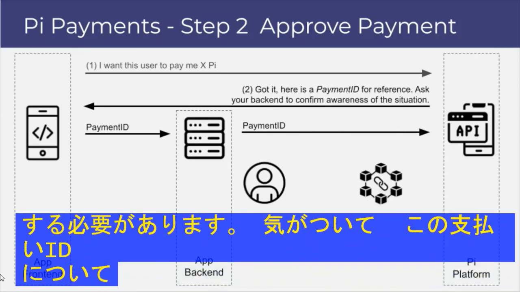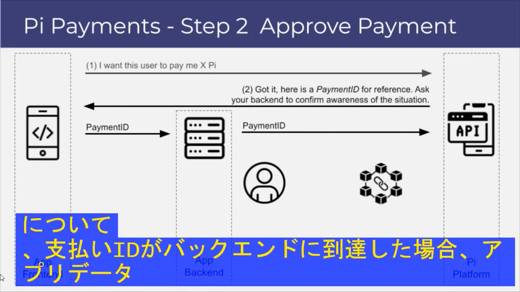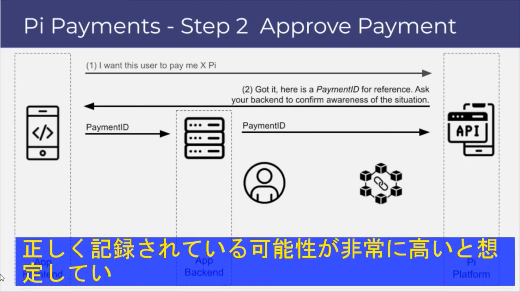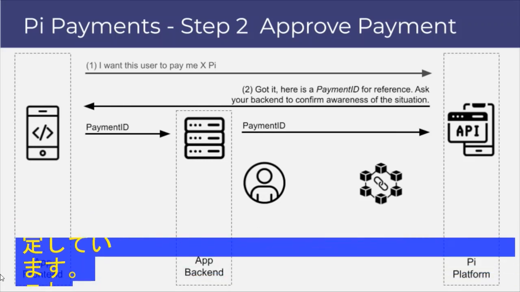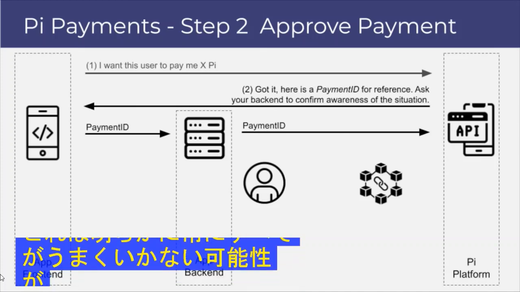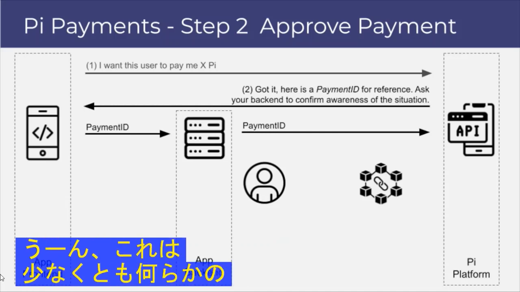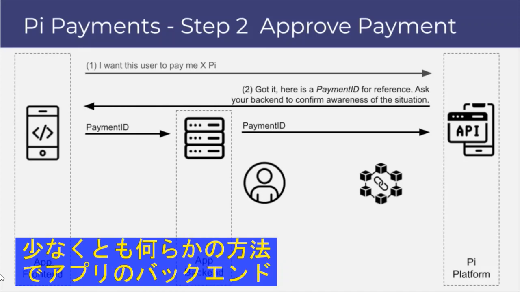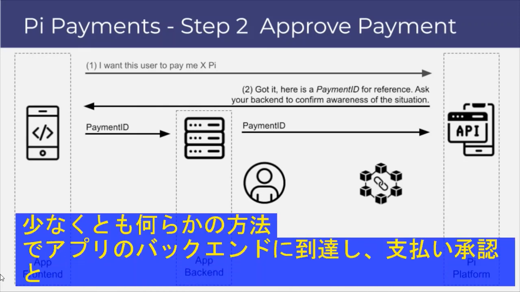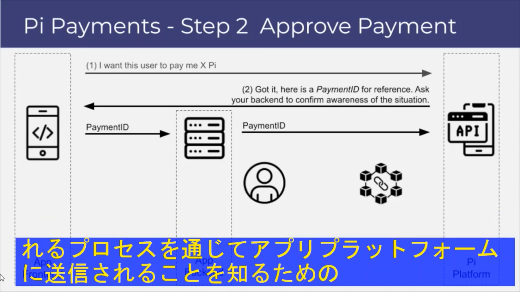We're assuming that if the payment ID reaches the app backend, there is a very high likelihood that it has been correctly recorded in the app's database. Obviously, everything could always go wrong, but this is a mandatory step to at least know that it somehow reached the app backend, and then it gets sent to the Pi platform through a process that is called payment approval.